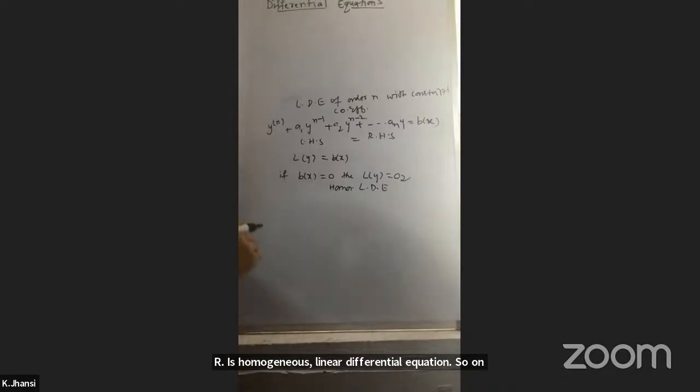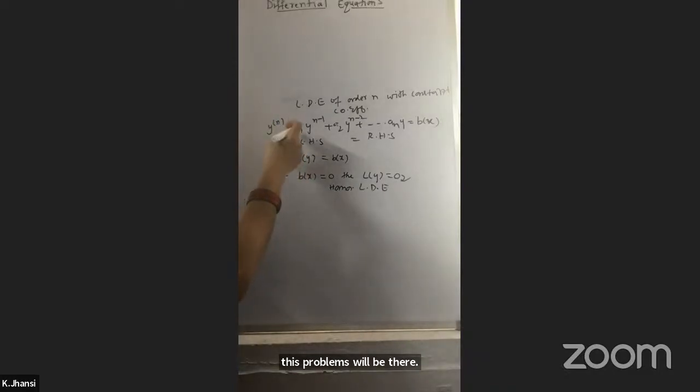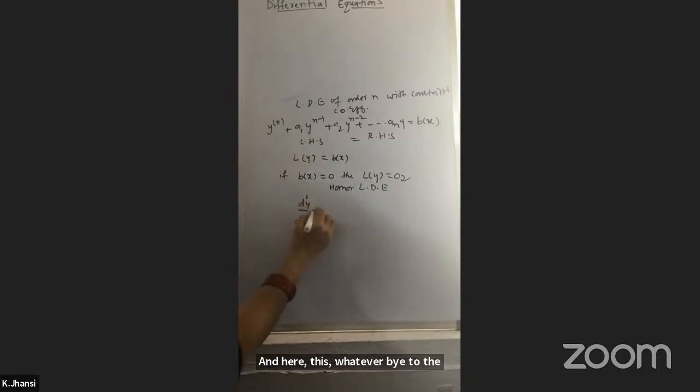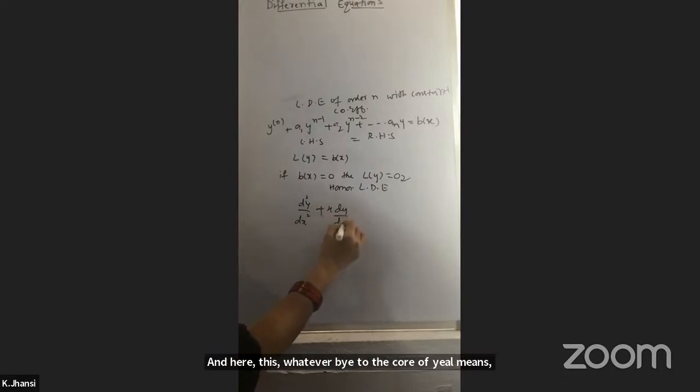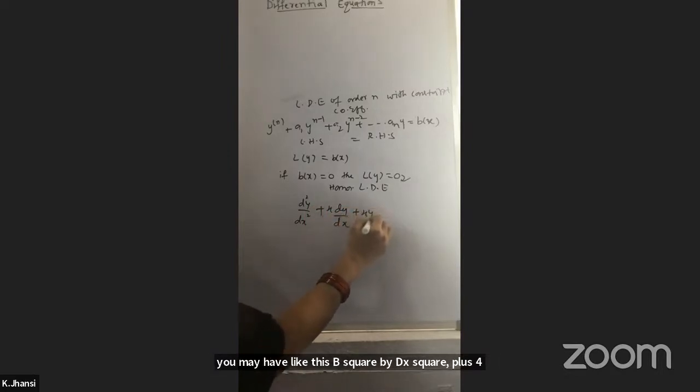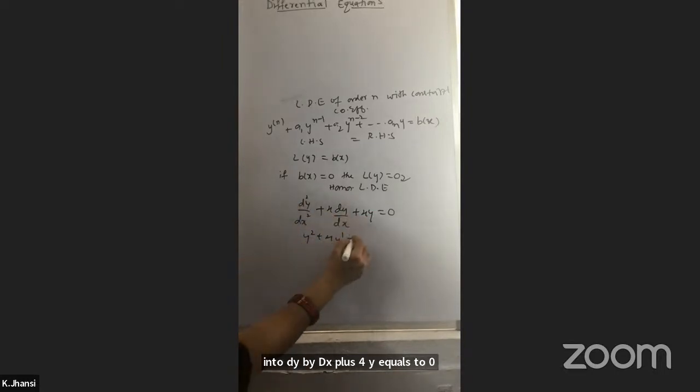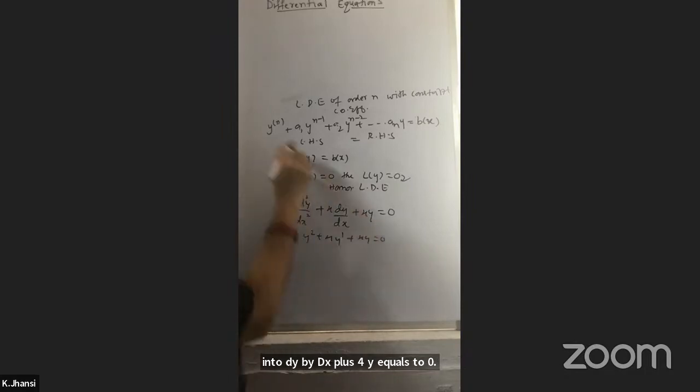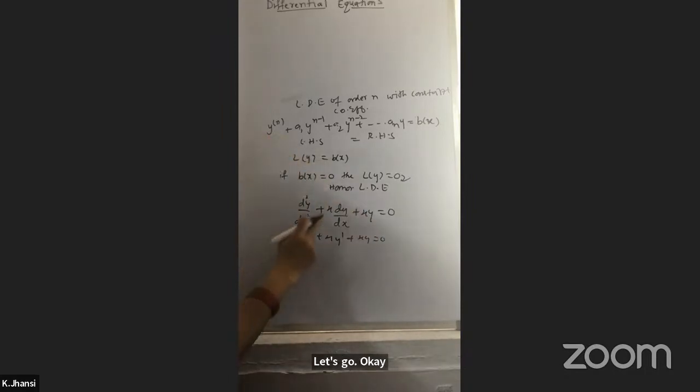And here, y to the power of n means you may have something like d square y by dx square plus 4 into dy by dx plus 4y equals 0. If you write in this form, it is y double dash plus 4 into y dash plus 4y equals 0.